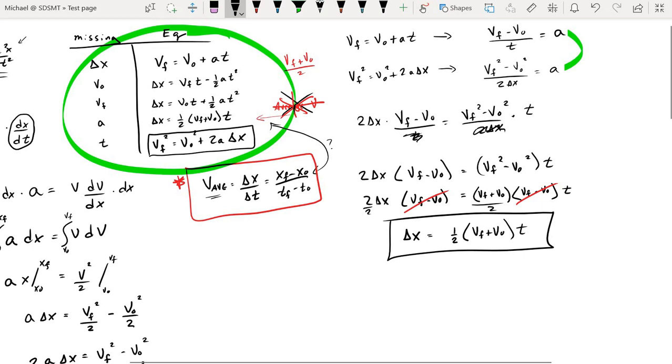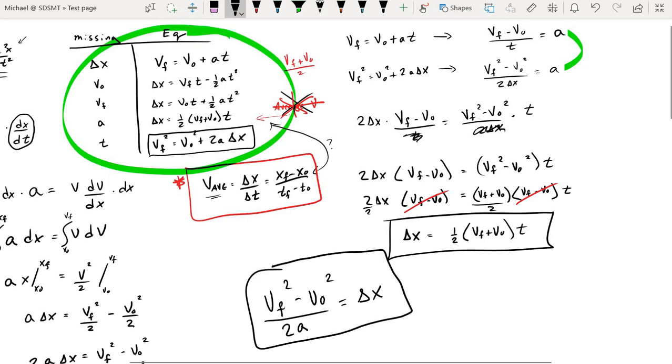Well, that equation is not currently set up to solve for the displacement of the object. We would have to rearrange that equation, and this would be that final equation rewritten so that we could solve for the displacement.